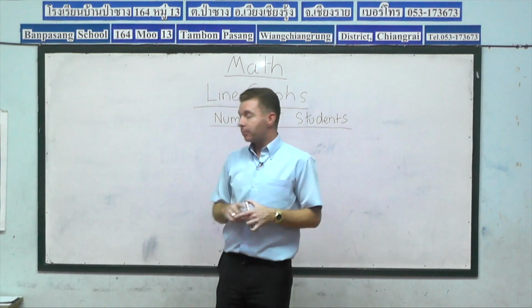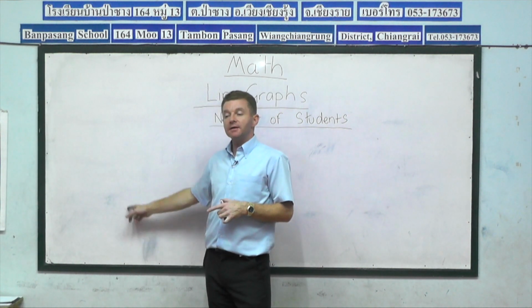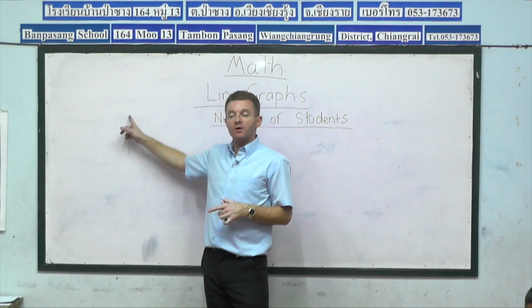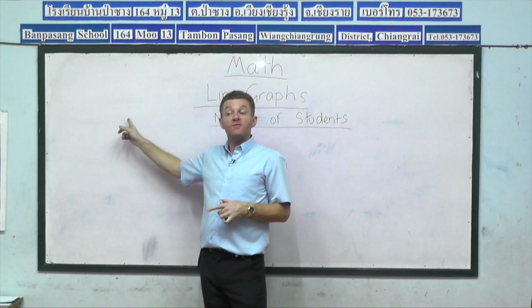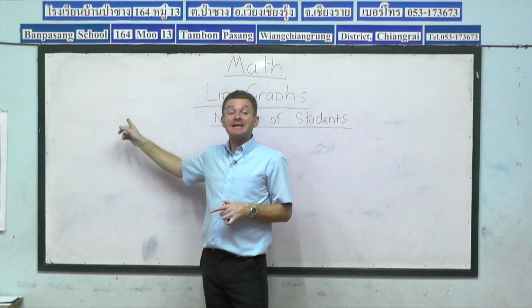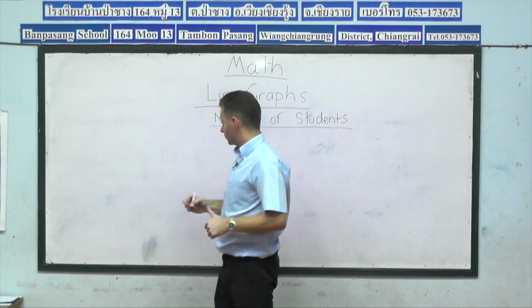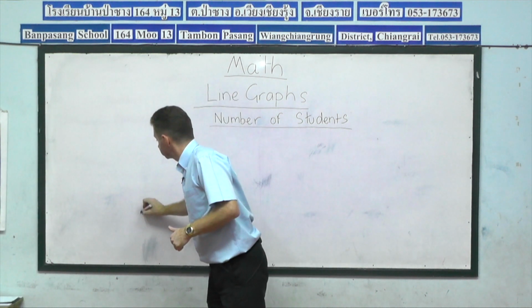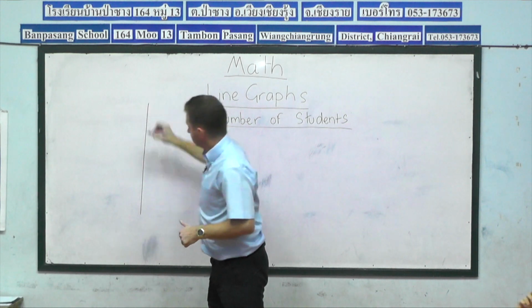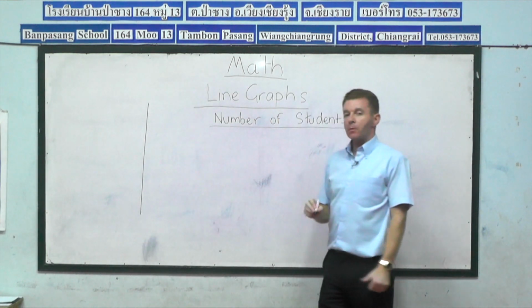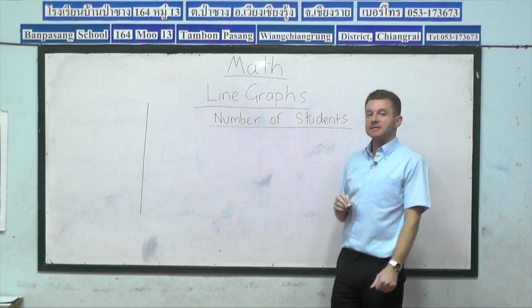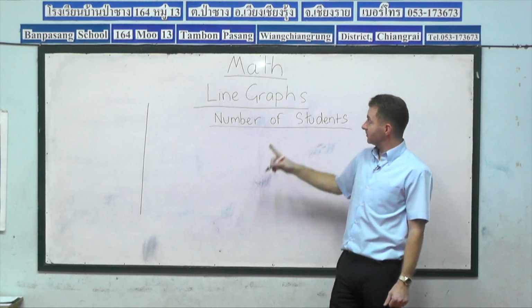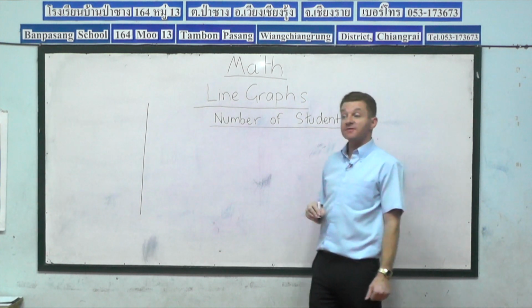Now, who can remember the name of the line that we do that goes up on a graph? Vertical axes, okay? So vertical axes looks like this. And we need to give our vertical axes a label, which in this case will be the same as the title.